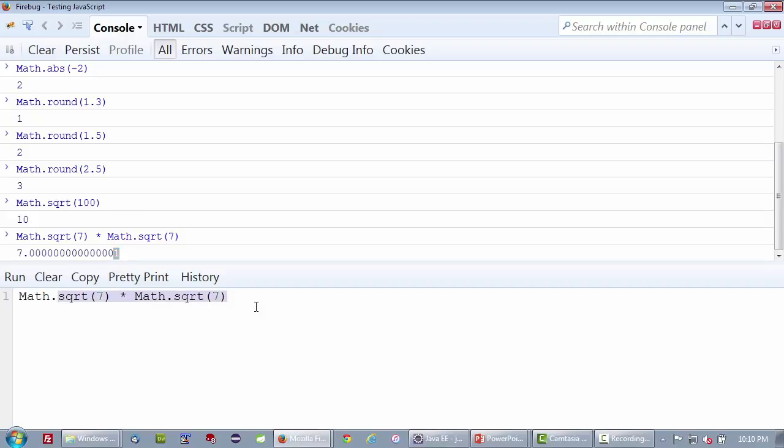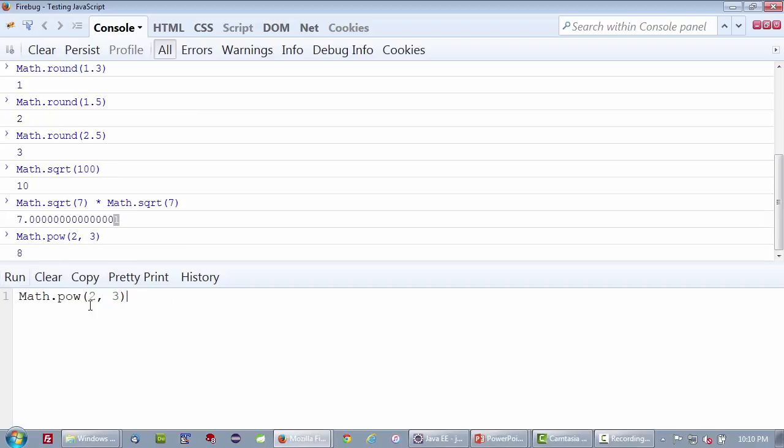Pow has to do with exponentiation, or power. So Math.pow(2, 3) means 2 to the third power. 2 to the 3, 2 to the 4, 2 to the 5, and so on.